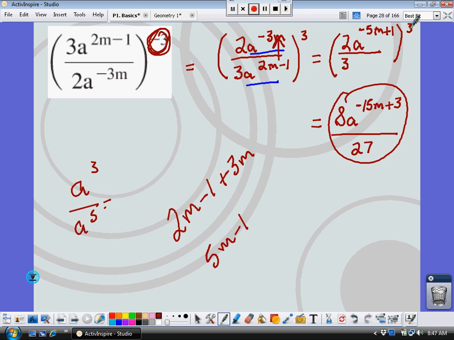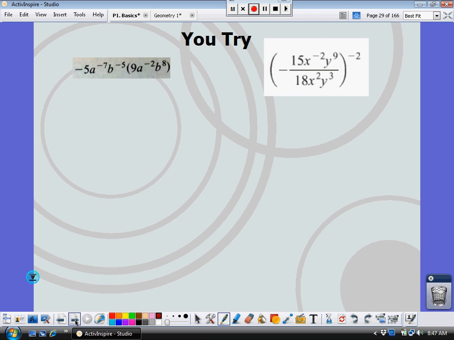And once you raise that to the third power, that would have been 15m minus 3. Look what it is on top, though. Negative 15m plus 3. So if I had brought that to the bottom, would it have just changed the signs on each of them? Yeah. Okay, done with that, that's your rules of exponents.